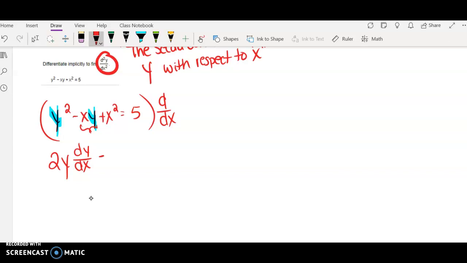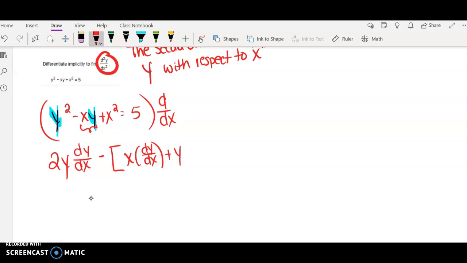I'm going to put my minus sign, but because I'm doing my product rule, I'm going to put my bracket. So it's going to be that first term x times the derivative of that second term, which is going to be 1 dy over dx. That's the first term times the derivative of the second term plus the second term times the derivative of the first.